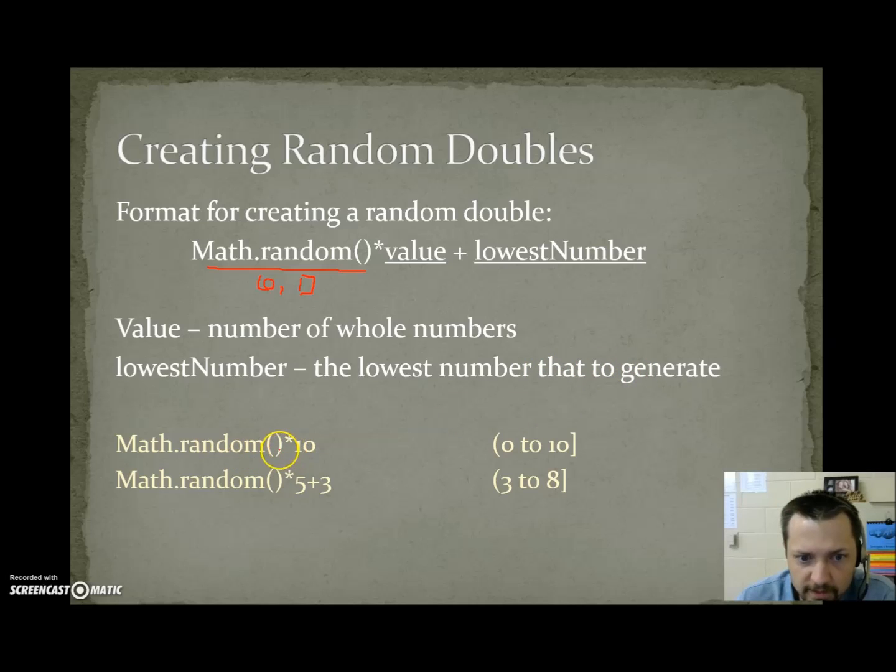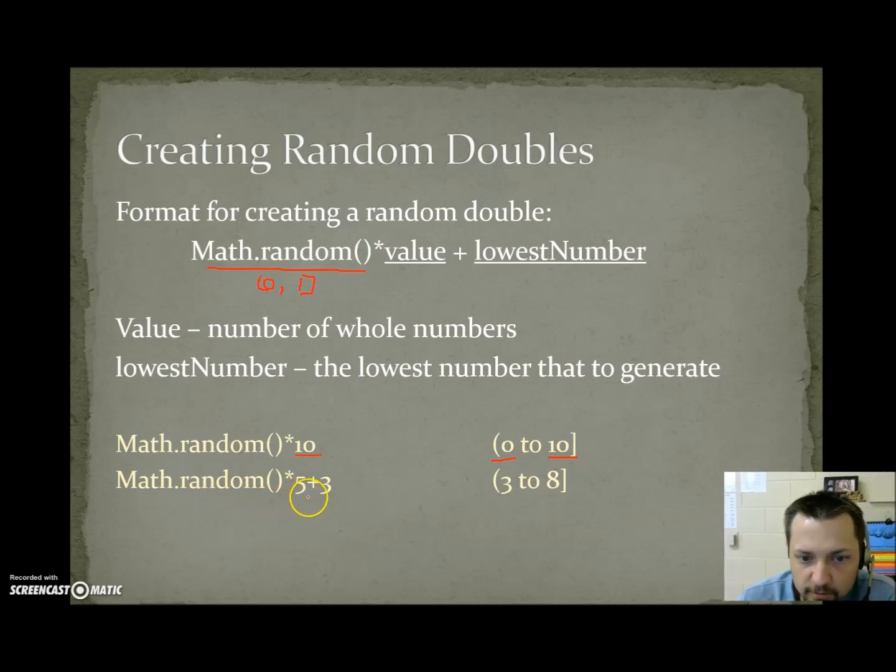So if we did math.random times 10, value is the number of whole numbers. So the whole numbers we could get are 0, 1, 2, 3, 4, 5, 6, 7, 8, 9. If you count those up, that's 10 different numbers. But this will produce anything from 0 all the way to 9.99999, but not 10.